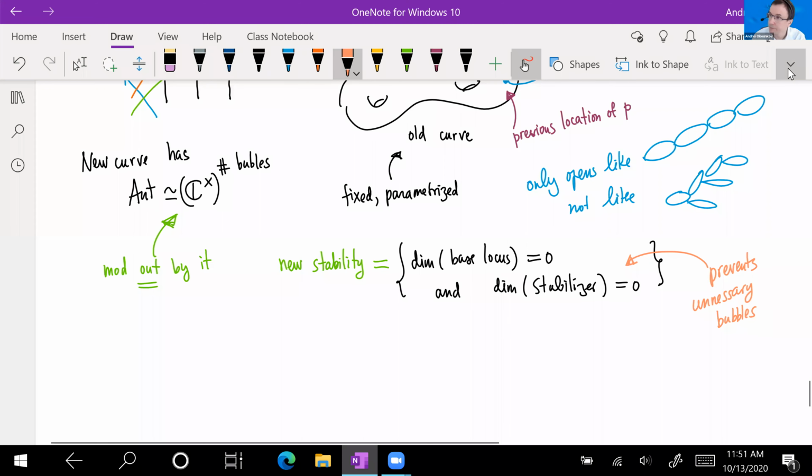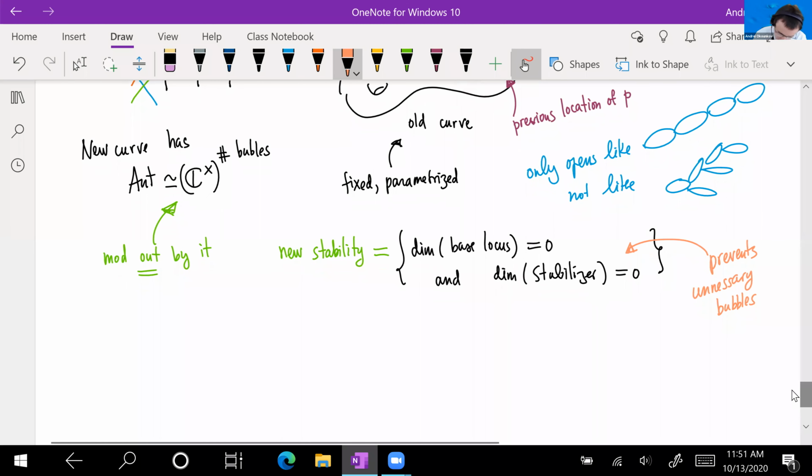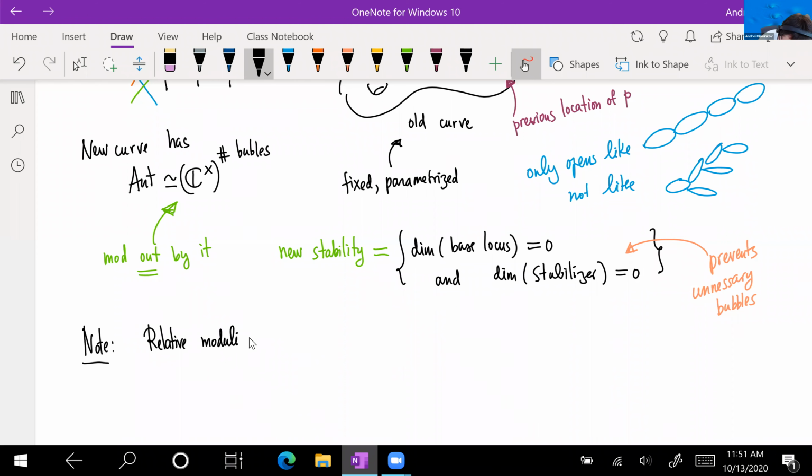But the point I want to make about this is, note that this relative moduli space is complicated, and in particular, when we take localization of that, this will look much more complicated.